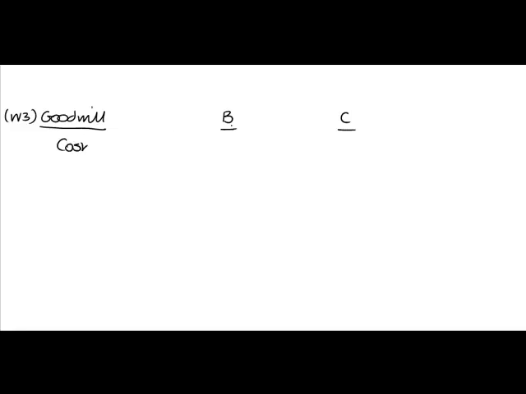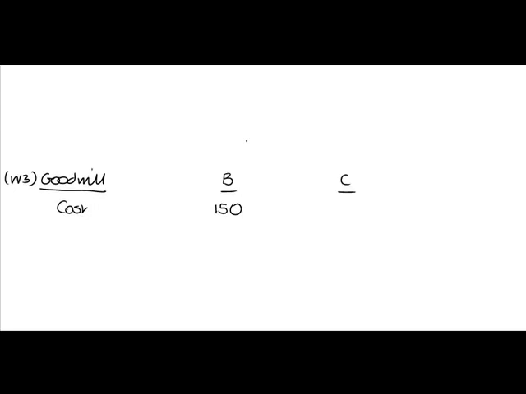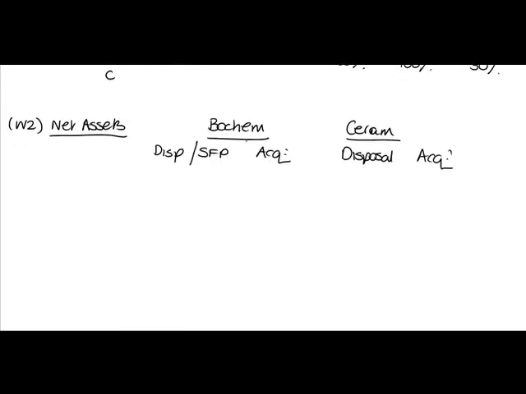In terms of the cost, that cost was 150. The fair value of the net assets was 160. So I go to my net assets working, and I'll say fair value was 160. The fair value of the NCI at that date was 54.